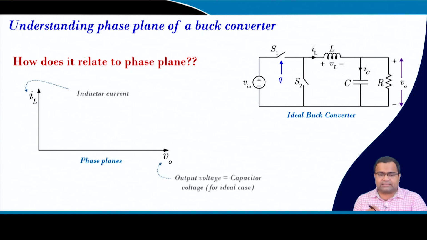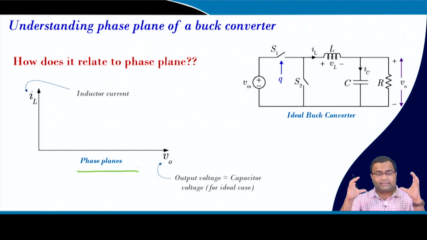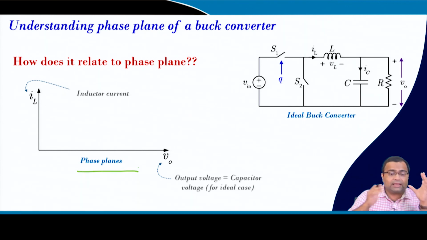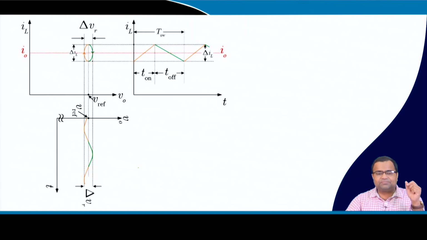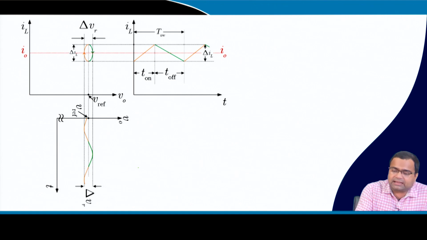And how can we relate this time domain behavior to the phase plane? If you draw the output voltage on the x axis and inductor current on the y axis, you will see that this is the one which I have shown earlier. That means, under steady state, this is my on state trajectory.